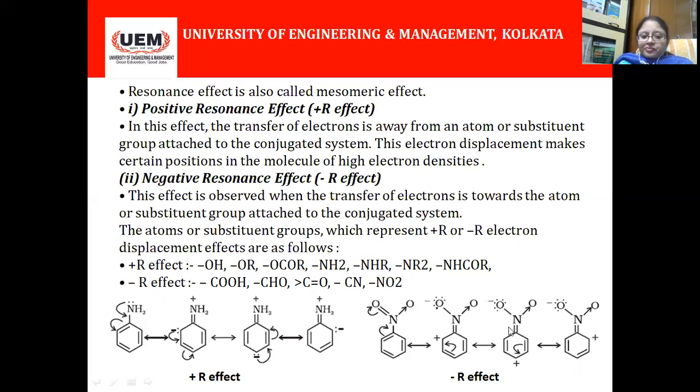The transfer of electron occurs towards the nitro group or the substituent, and it is called the negative resonance effect. So the nitro group is showing minus R effect when it is conjugated with the benzene ring. There are some other groups which show plus R effect, that is positive resonance effect, and negative resonance effect.